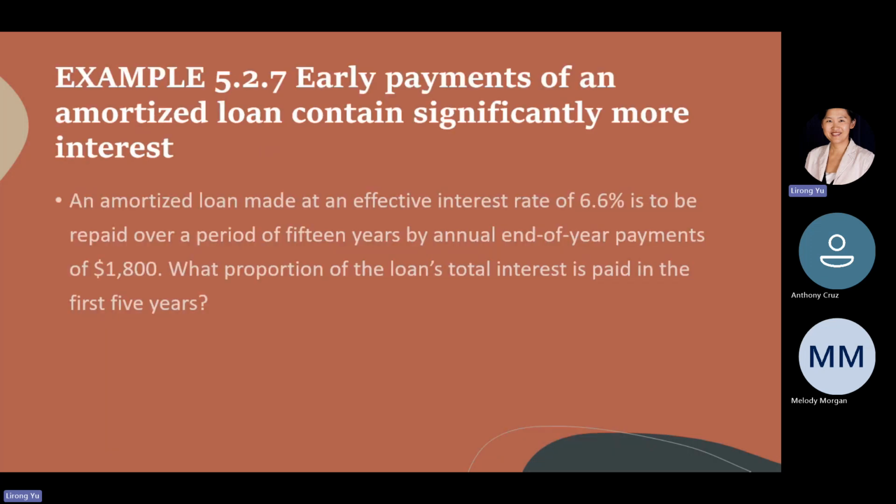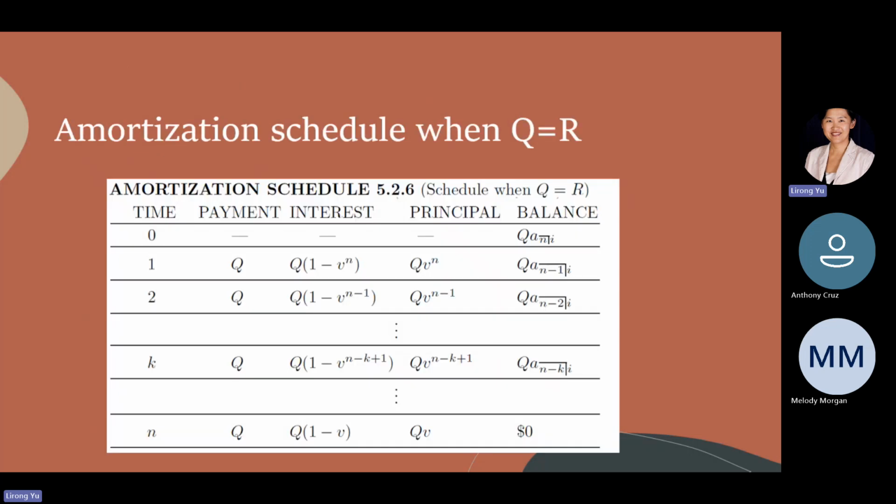In this question, we are paying end-of-year payments of 1,800. So we have continually the same payment. There's no deduction in the last payment, so 15 payments of 1,800. That's going to be our schedule, assuming Q equal to R. You can compare that with the Q not equal to R case from our last table.